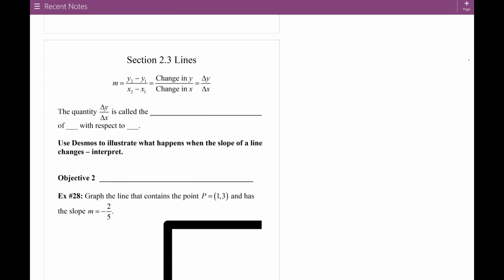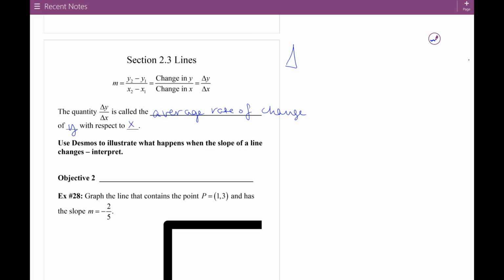Another way of talking about the slope is the change in y over the change in x, and we also use this triangle, the Greek capital letter delta, so delta y divided by delta x, and that quantity is called the average rate of change of y with respect to x.